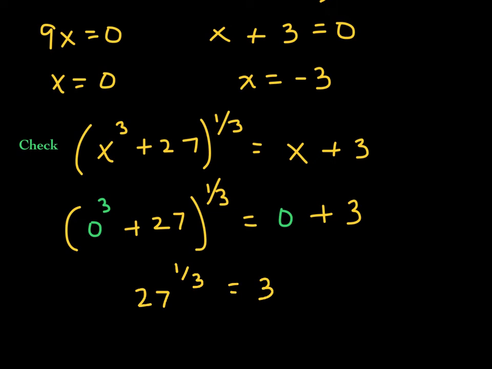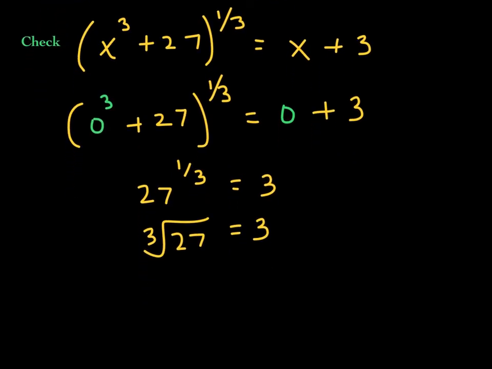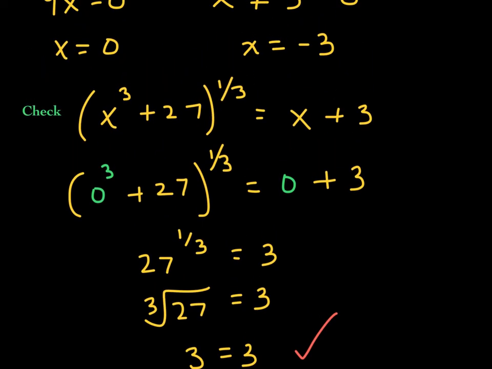The 1/3 power is the same thing as the cube root. The cube root of 27 is 3. Now you and I know that the cube root of 27 is 3. So then this definitely checks out. x equal to 0 is good. All right, I can come over here, up here, and I can box this as a legit answer.